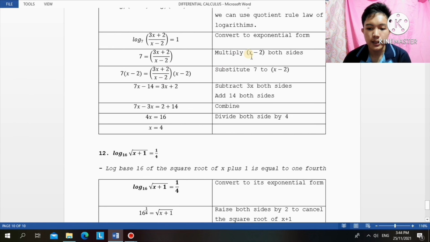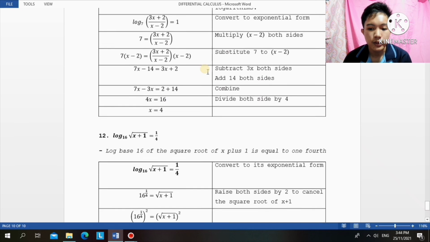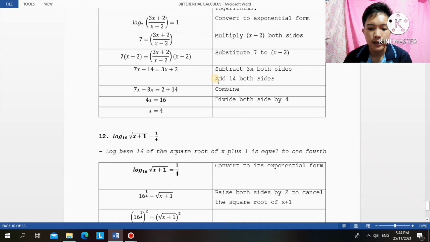So multiply both sides by x minus 2. So 7 times x minus 2 is equal to 7x minus 14, and 3x plus 2 over x minus 2 times x minus 2, so cancel out x minus 2 from the denominator. So the remaining are 7x minus 14 is equal to 3x plus 2. Subtract 3x from both sides and add 14 to both sides.